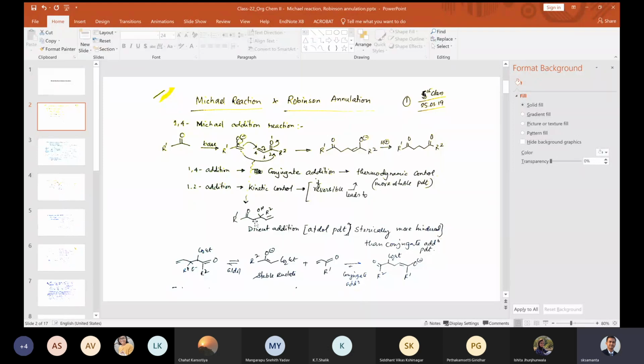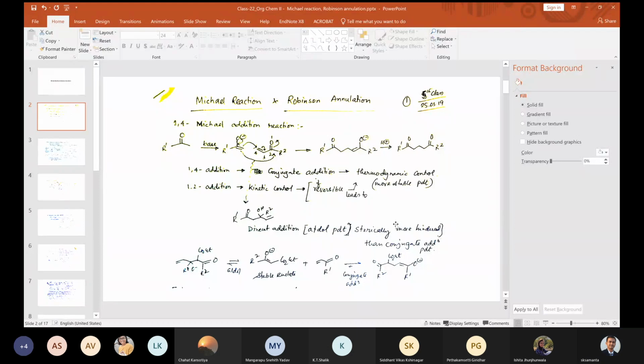So this is your 1,2 addition or kinetic product. Here, because it forms a tetrahedral sp3 carbon with 4 substituents, this becomes sterically more hindered than the conjugate addition product, this one.